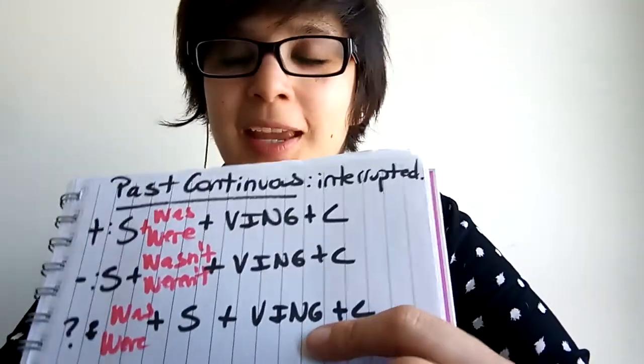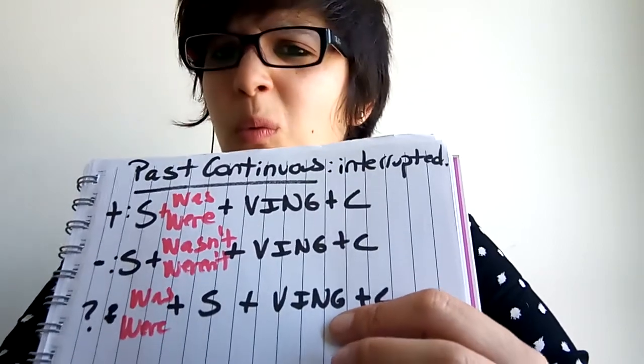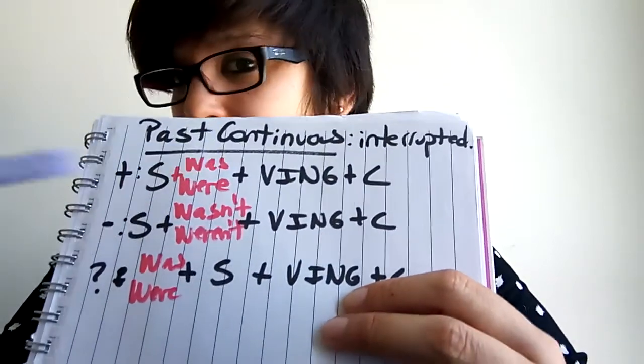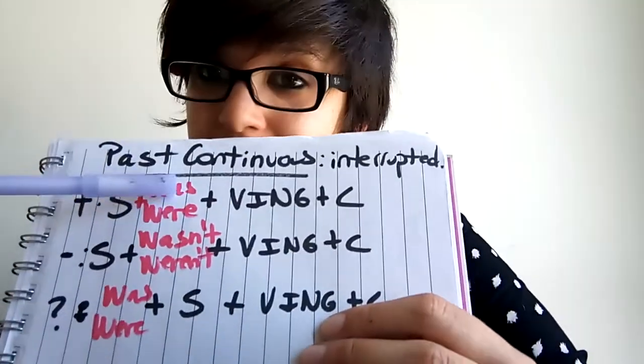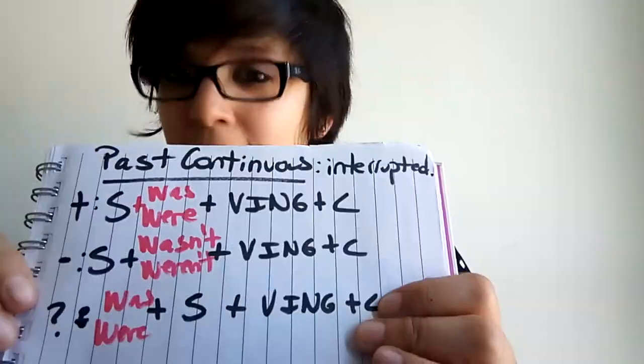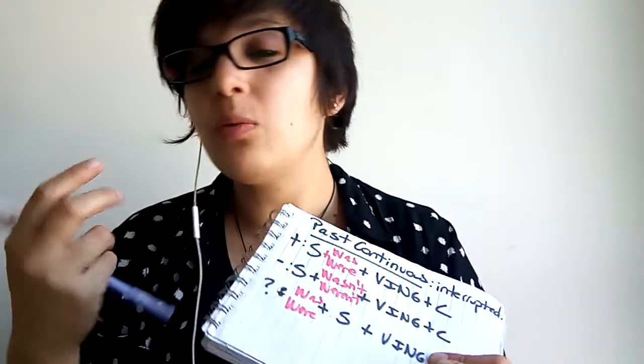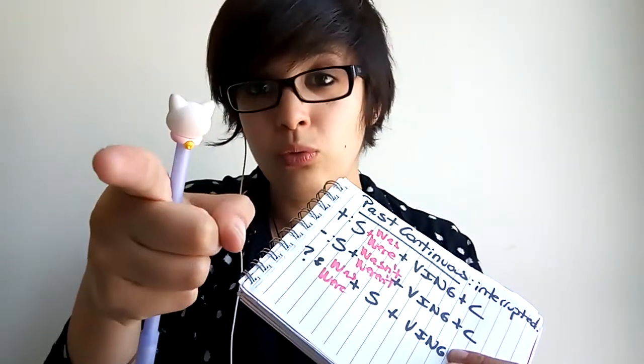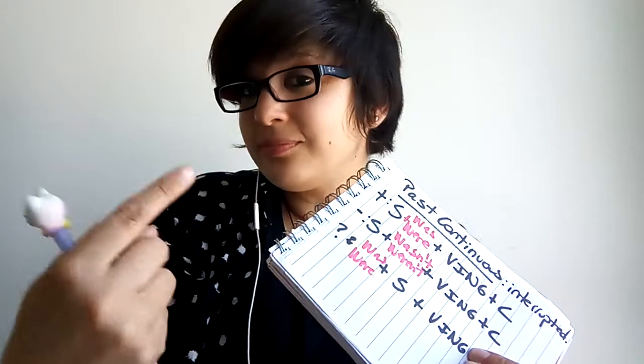And maybe you are asking, but when do I have to use was or were? Was, you have to use it when you talk about I, he, she, or it. And were, you have to use it with the personal pronouns you, we, or they.